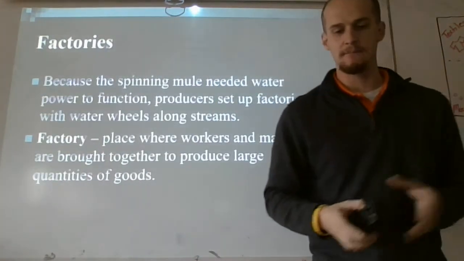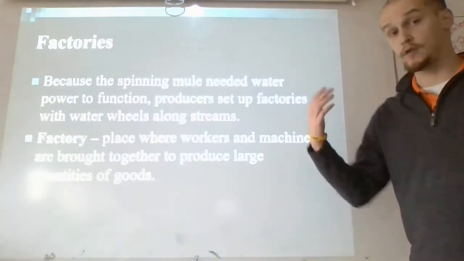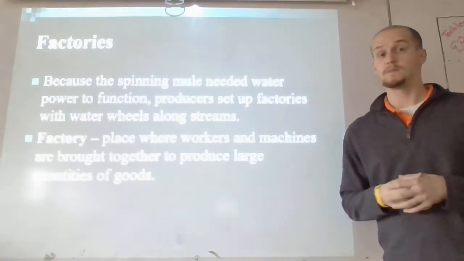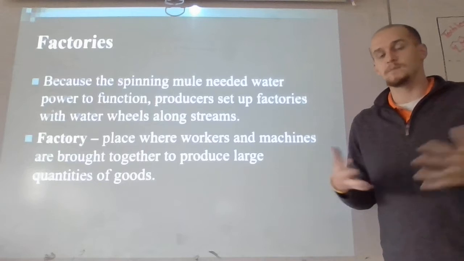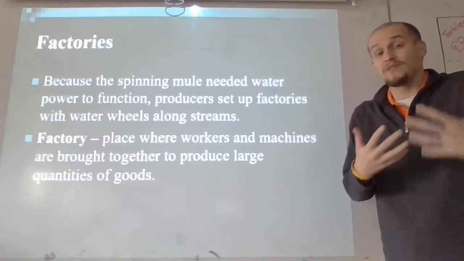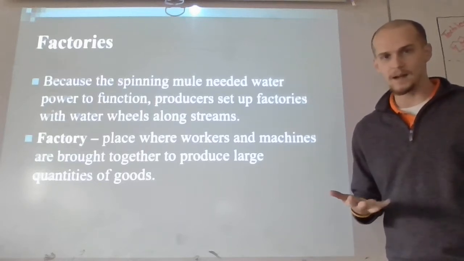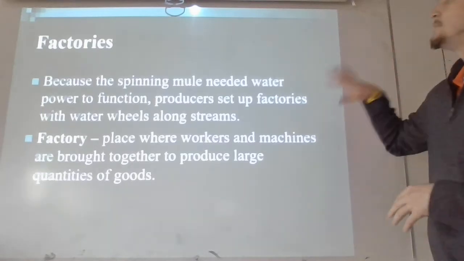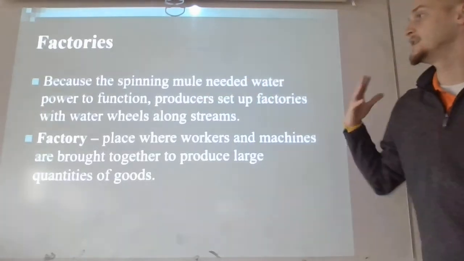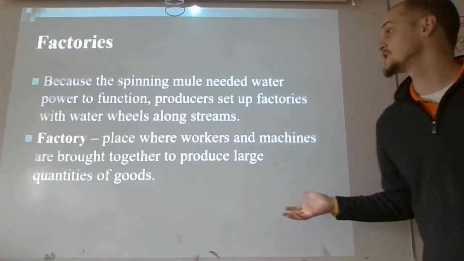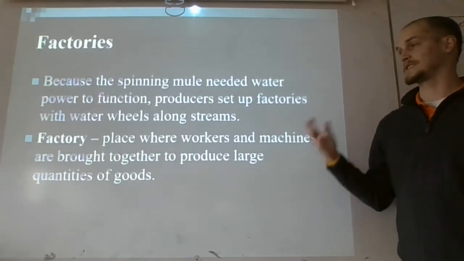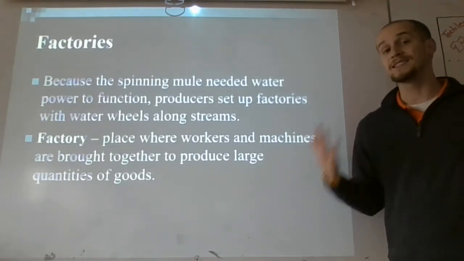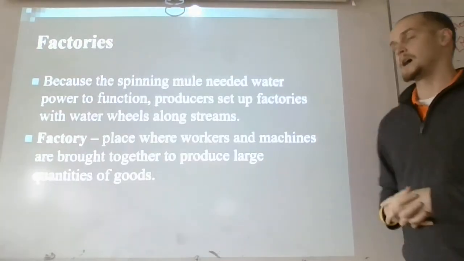Factories become a much bigger thing during the Industrial Revolution because, like we just talked about, these inventions that are being created to make these goods even faster, you can't have them at home. And so because the spinning mule needed water on top of how large it was, producers start to set up factories. They build buildings specifically designed to work in.